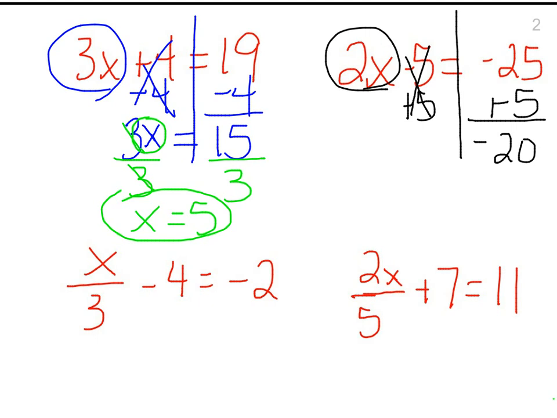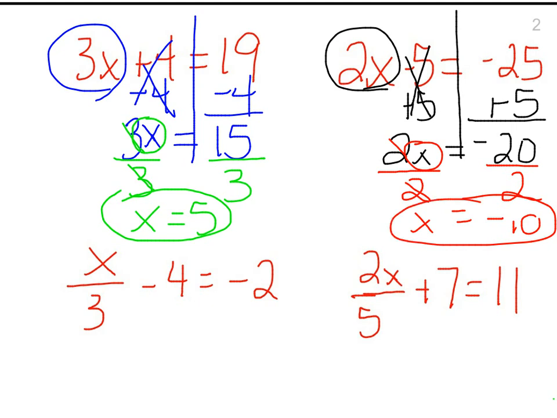I'm still left with my 2x, so I'm going to bring it down and say 2x equals negative 20. But now I need to finish solving for x by getting rid of this 2. I get rid of a 2 that's being multiplied by x by dividing, so that would cancel that out. Come over here and divide by 2, and I'm left with the x, and negative 20 divided by 2 is negative 10, and that is your solution.